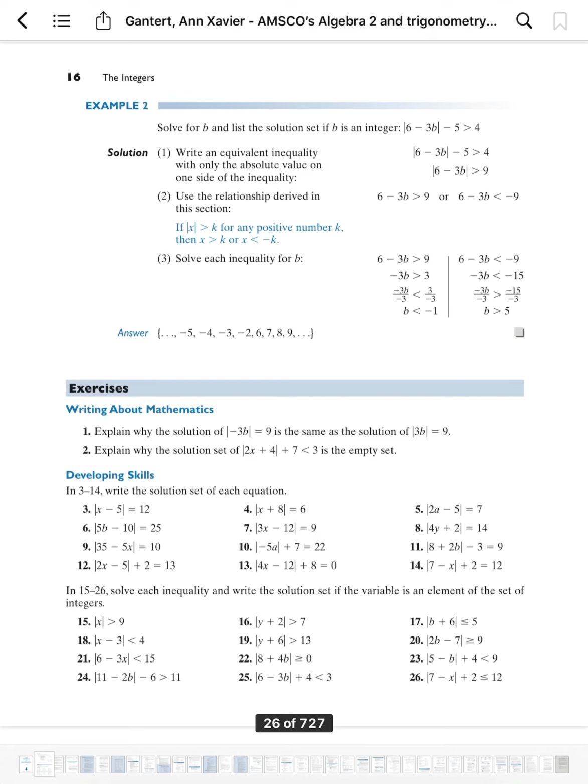Continuing on from the book. Question number 8. Absolute value of 4y plus 2 equals 14.